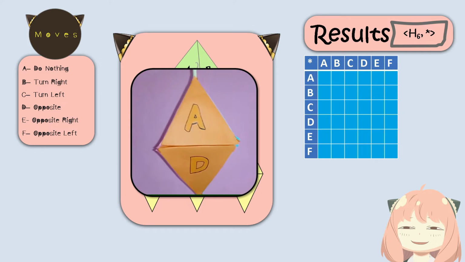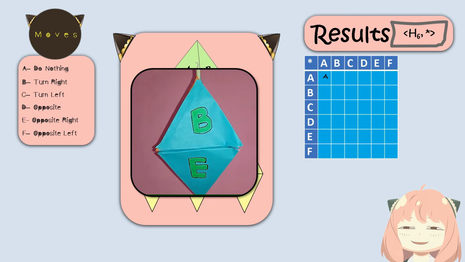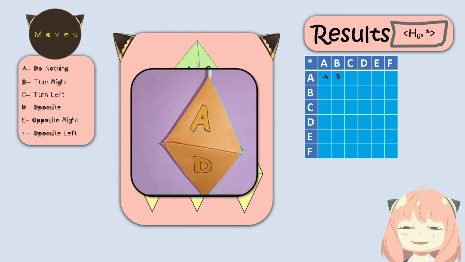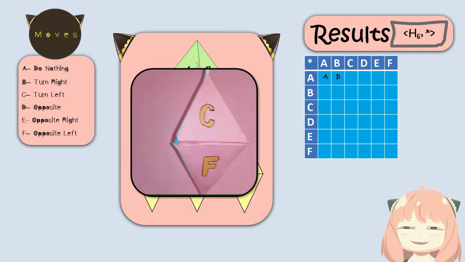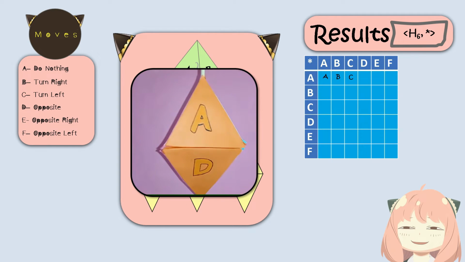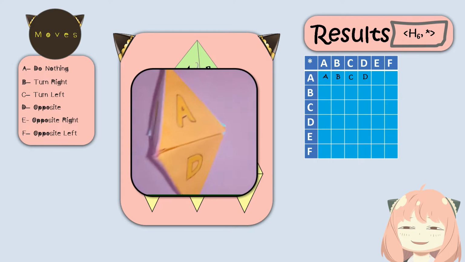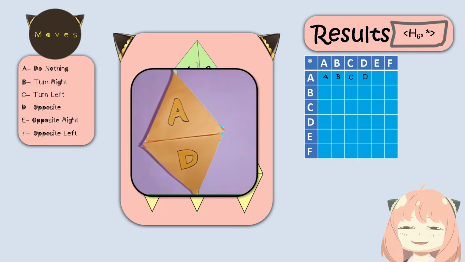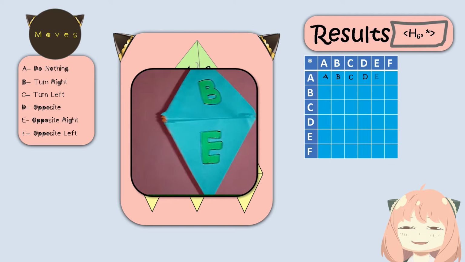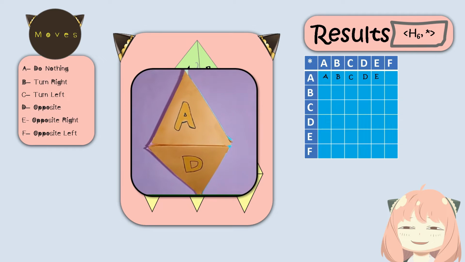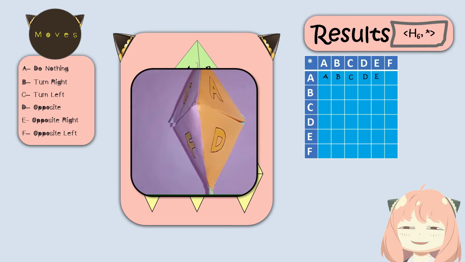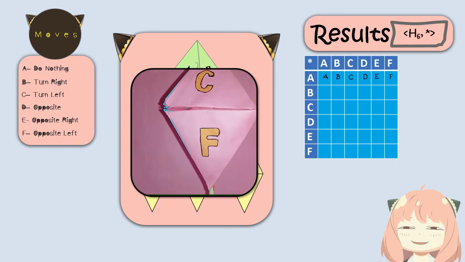Do nothing and do nothing is still A. Do nothing and turn right is B. Do nothing and turn left is C. Do nothing and opposite is D. And do nothing and opposite right is E. Next, A star F is do nothing and opposite left, F.